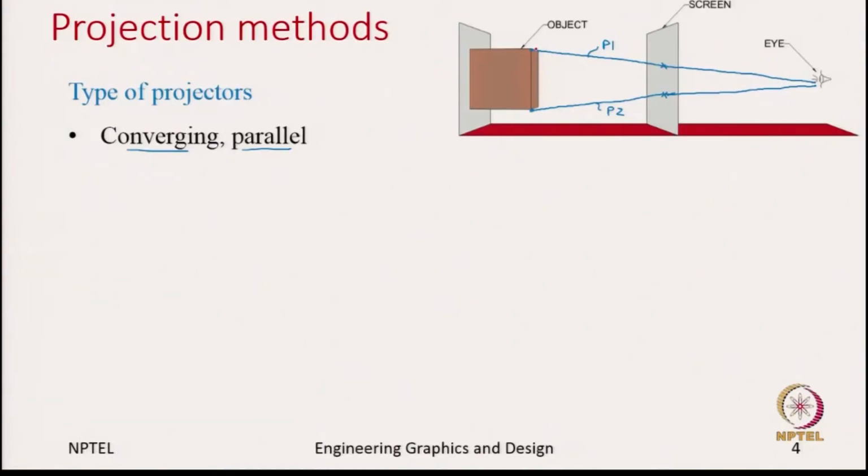These projector lines usually look parallel because the observer is at a very far off distance, and they intersect at two different points. So, now what we see is, depending on the position of the observer, you can either have converging projector lines or parallel projector lines.